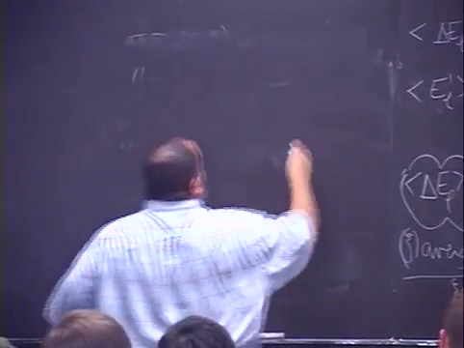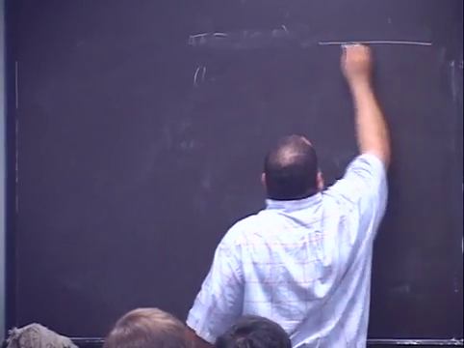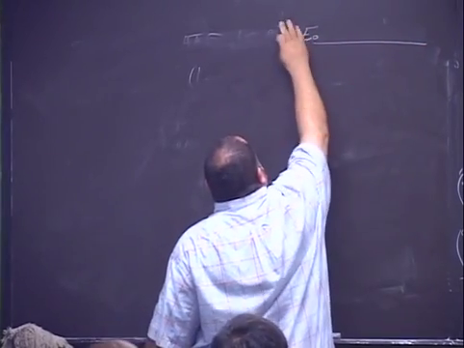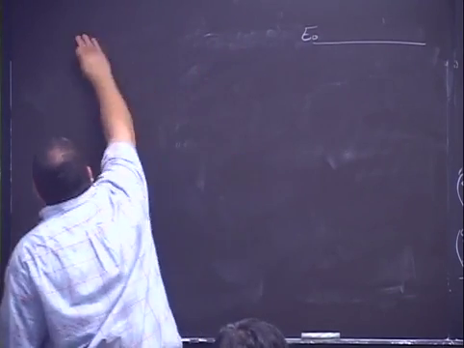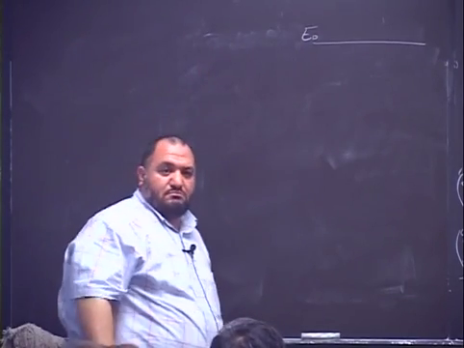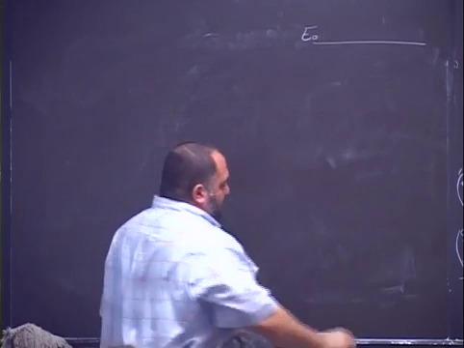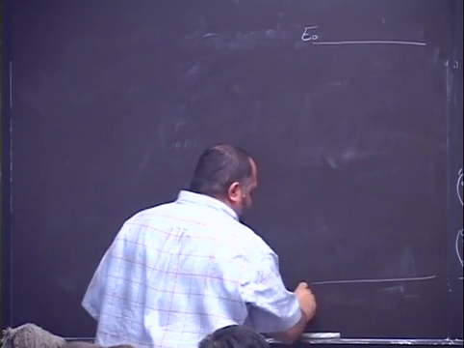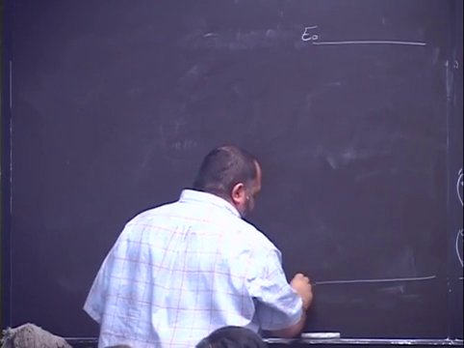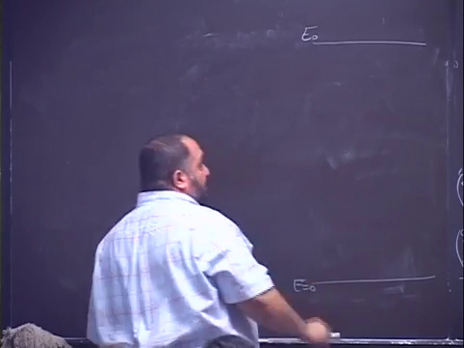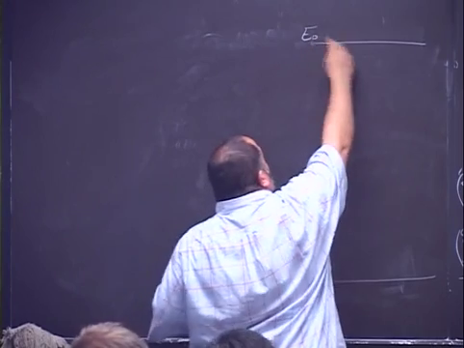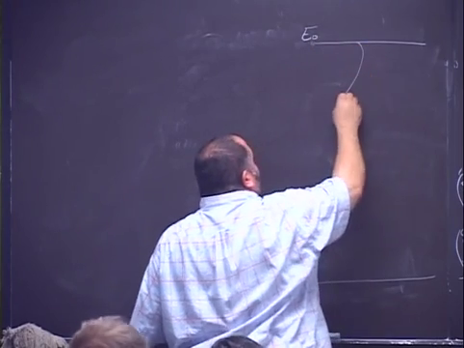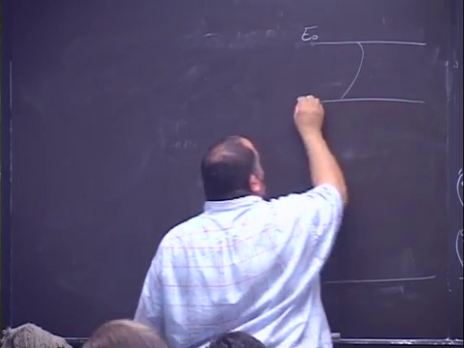Let's assume that the neutron starts with energy E naught. This is the energy that the neutron will get out from fission, let's say. The minimum energy is 0. This is E equal to 0 here. We know that if the neutron is at E naught, the maximum it can reach in a single collision is what?